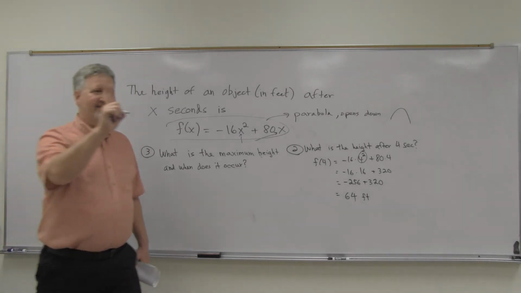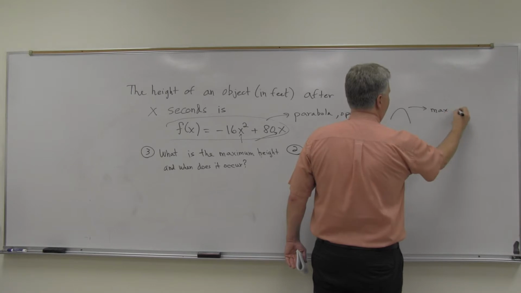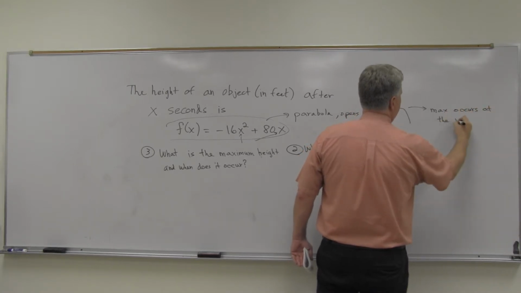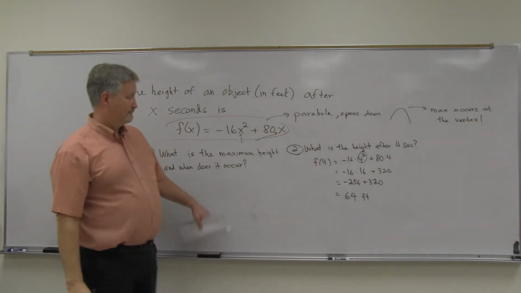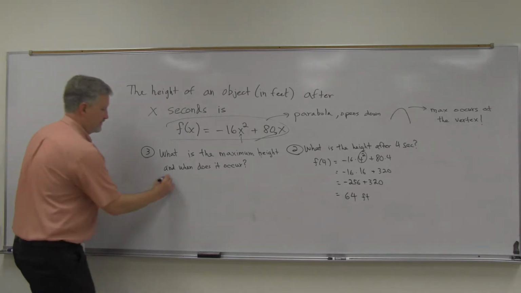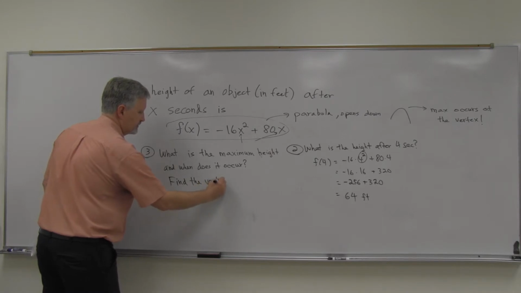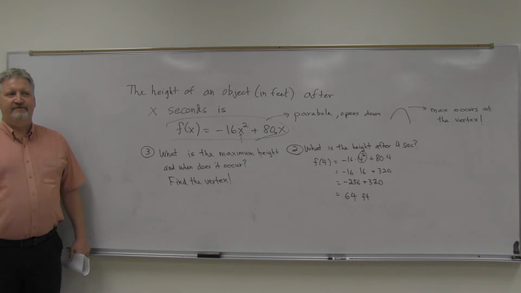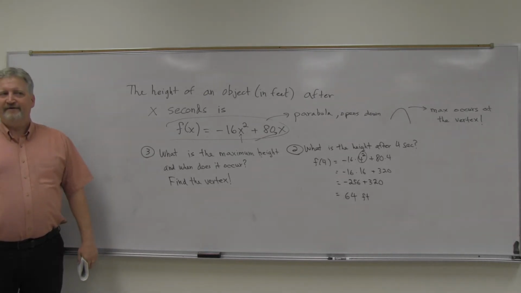At the vertex, right? The maximum is going to occur at the vertex. So how do I figure out the maximum height? Figure out the vertex. We don't have to play around with the numbers. We can just go straight to the maximum by calculating that vertex.